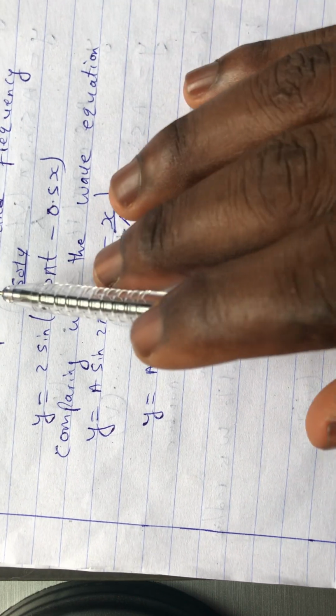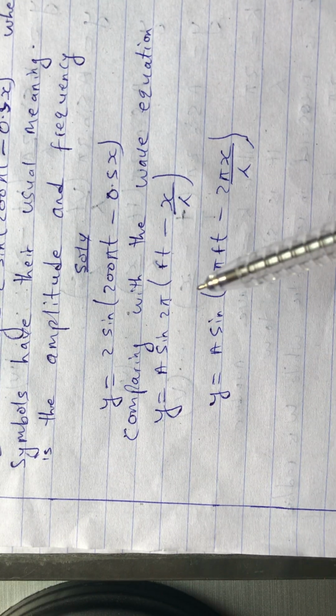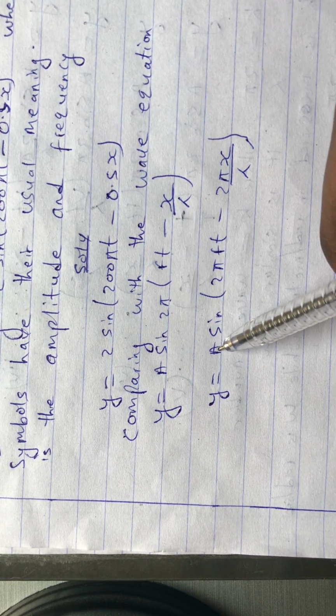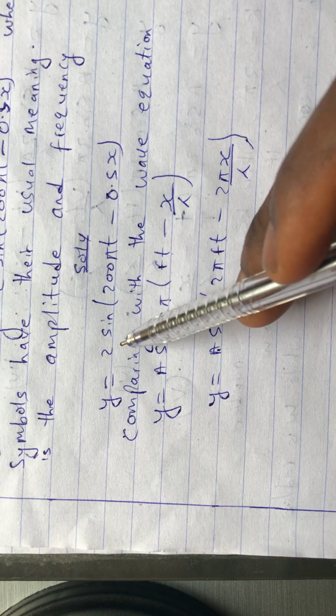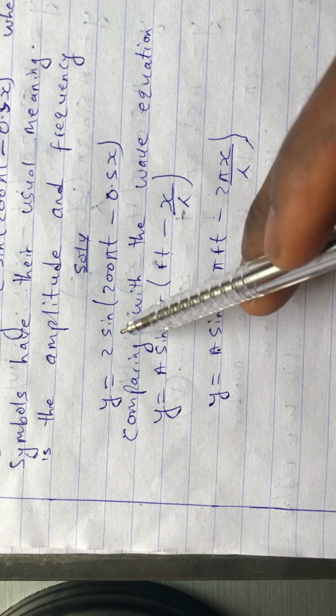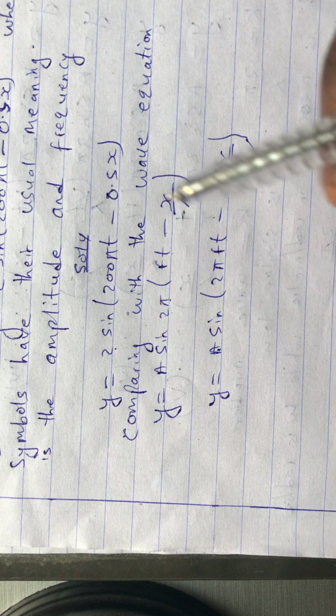Now, in the first one, they ask us to find the amplitude. I told you guys, your A here is your amplitude. If you trace it back to the equation they gave us, where do we have our amplitude? It is here, and that is actually 2.